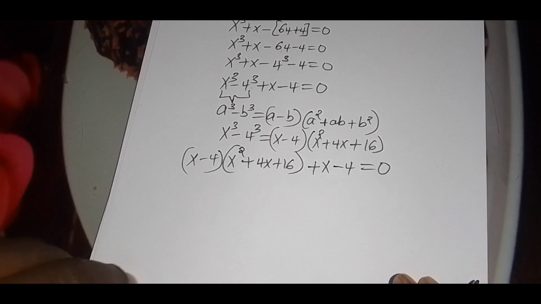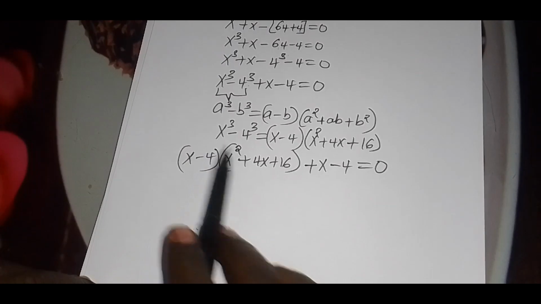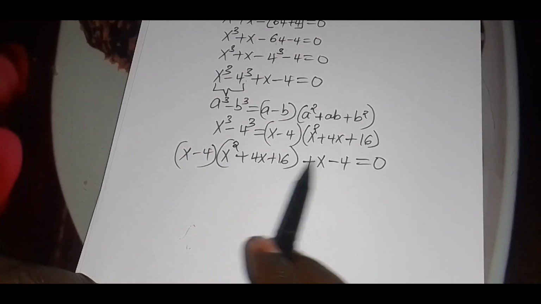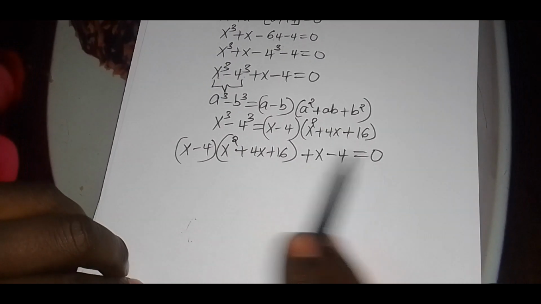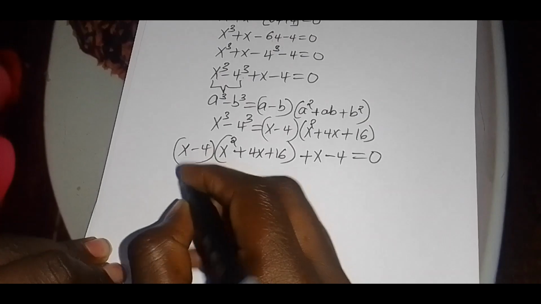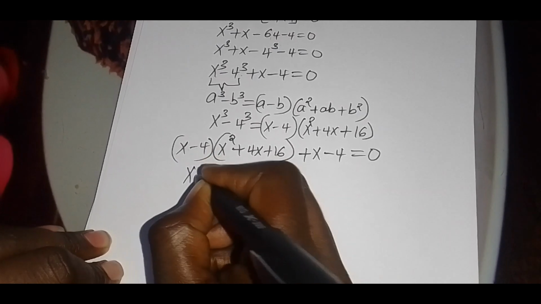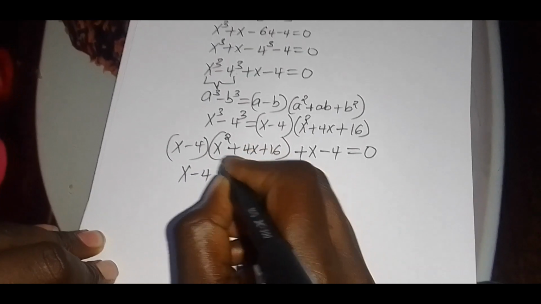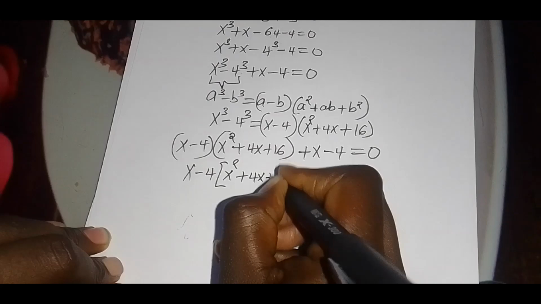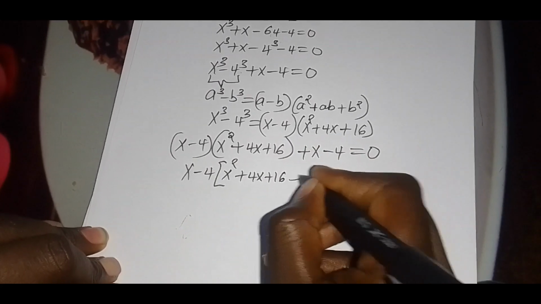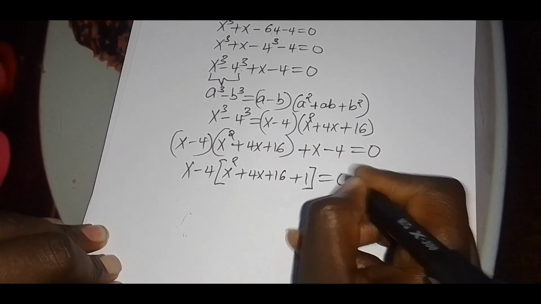So we have x minus 4 times x squared plus 4x plus 16, plus x minus 4, equal to 0. Now x minus 4 is common, so we factor out x minus 4, and we'll have x squared plus 4x plus 16 plus 1 equal to 0.